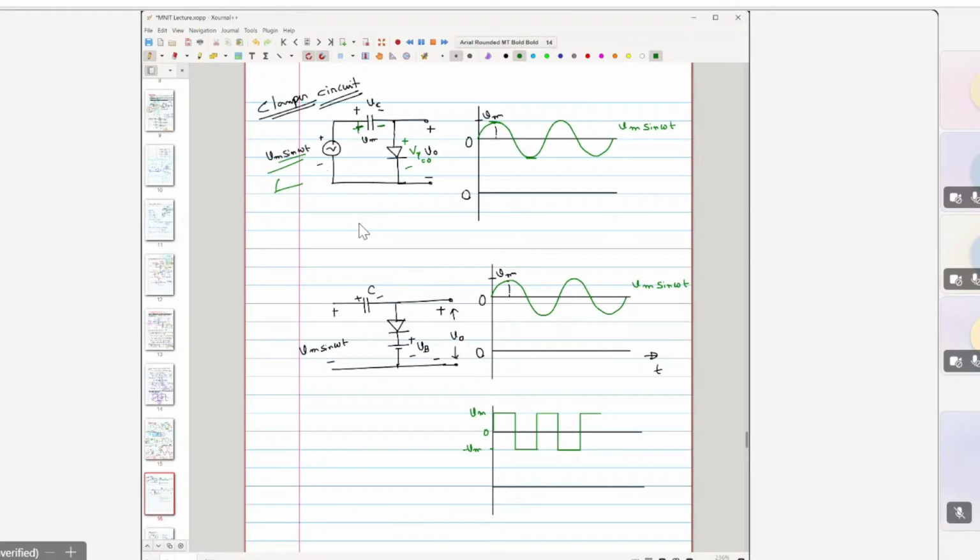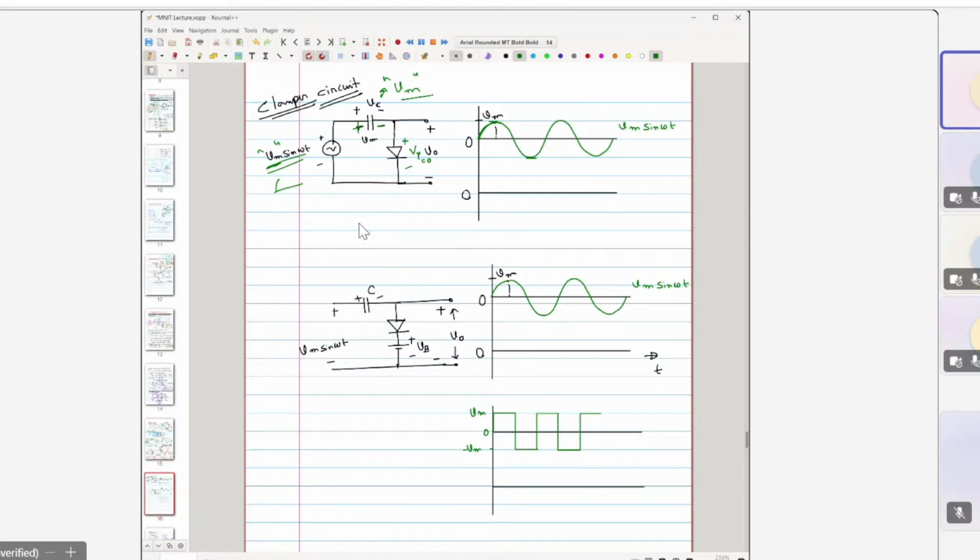Then what is going to happen? The voltage drop across the capacitor, VC, starts building up gradually, and the maximum voltage buildup possible would be the same as the maximum input voltage, which is Vm. So if this is Vm, that same potential gets built up across this capacitor.